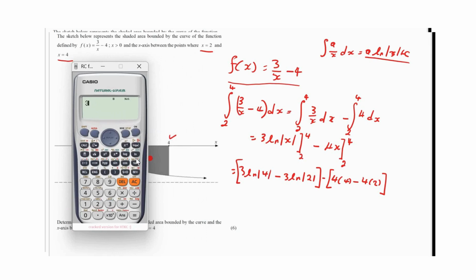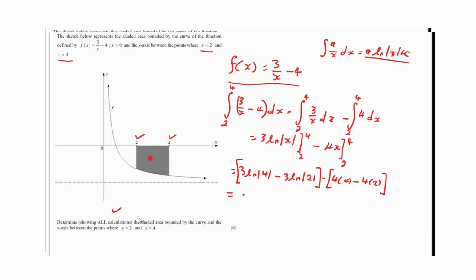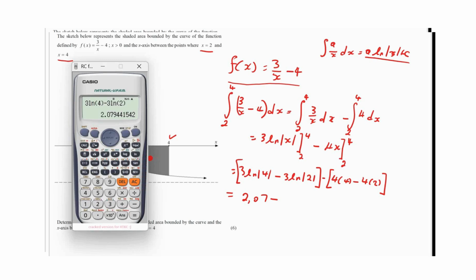We have 3 into the ln of 4 minus 3 into the ln of 2. Close the bracket, press equals, and we get 2,07. So here I'm going to write this as 2,07, and then you do this one. 2,079.